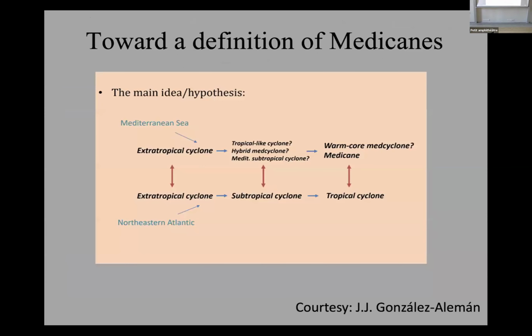And this is a slide from Juan, but it represents more or less the same idea, and is in agreement with what Kerry discussed the other day. So we try to make a sort of separation, as in the northeastern Atlantic, between subtropical cyclone, that Kerry called Medicane, and tropical cyclone, a sort of tropical transition.